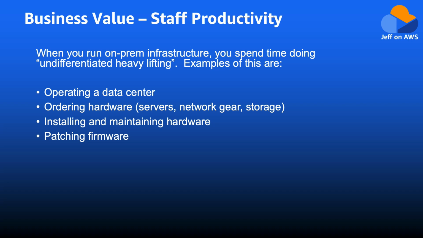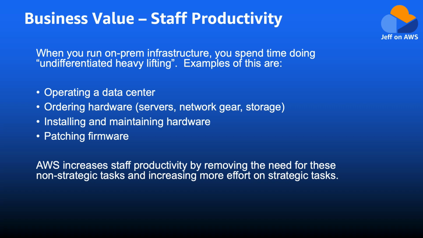Sometimes the analogy is, if it's not broken, don't try to fix it. But there's a cost of not patching at the same time. So AWS increases staff productivity by removing the need for these non-strategic tasks, and it lets you focus more on applications and services that benefit your customers.